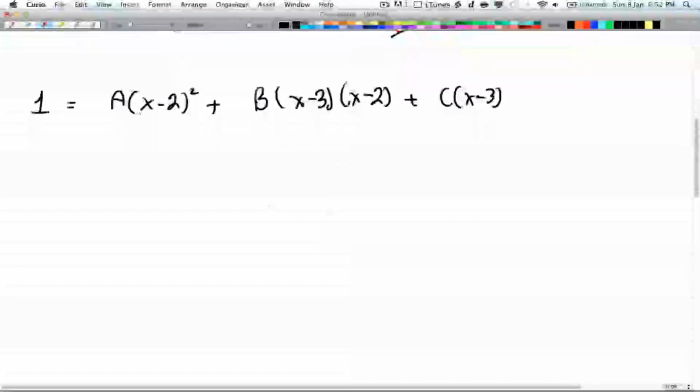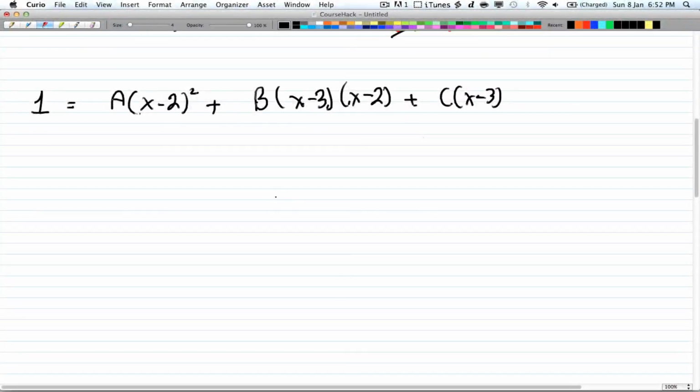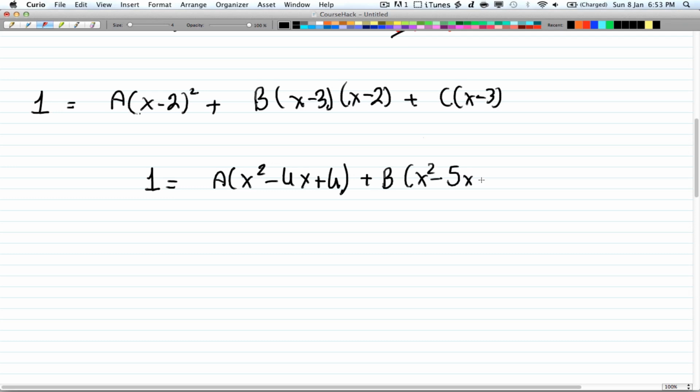Alright, so now we're going to expand these terms, and we're going to get, let's see, 1 is equal to a times x squared minus 4x plus 4 plus b times x squared minus 5x plus 6 plus c times x minus 3.